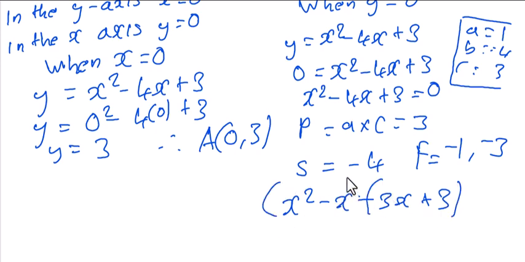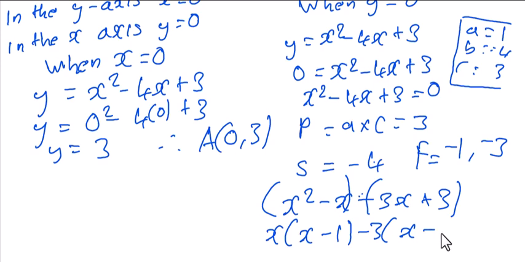So from the first group we factor out x, which is common, and remain with x minus 1. Then this side also has 3 common, so we have 3 times x minus 1, since a negative multiplied by a negative is positive. We always equate it to 0.